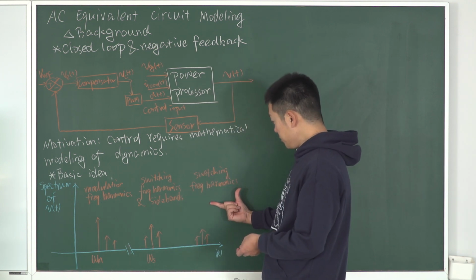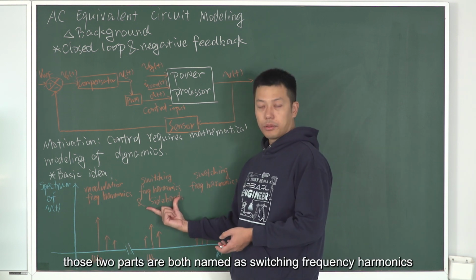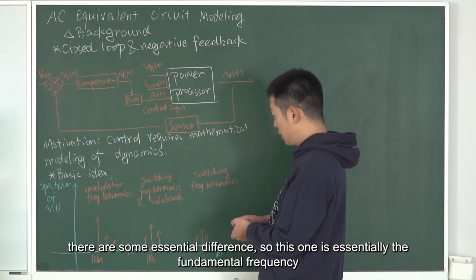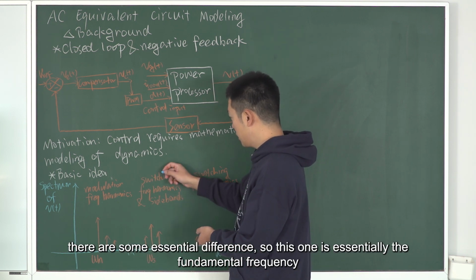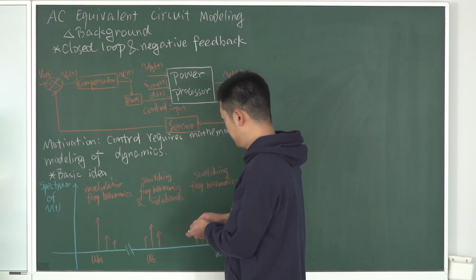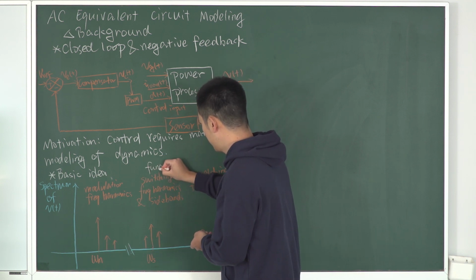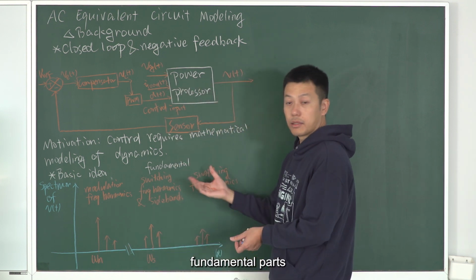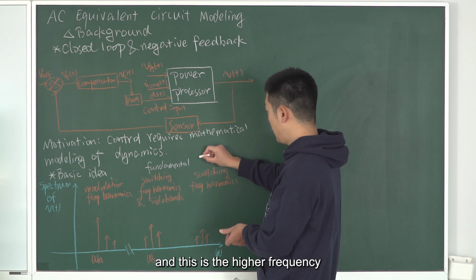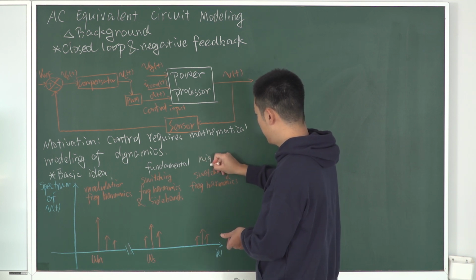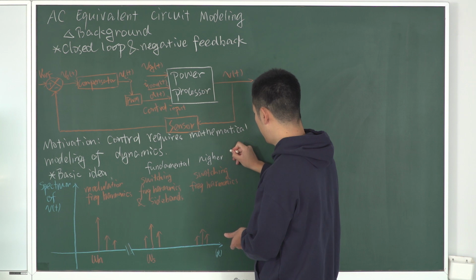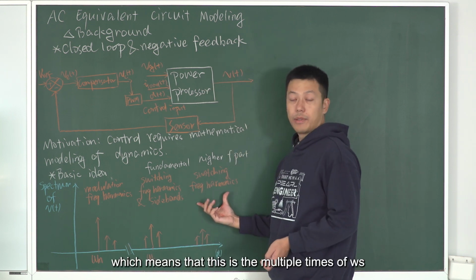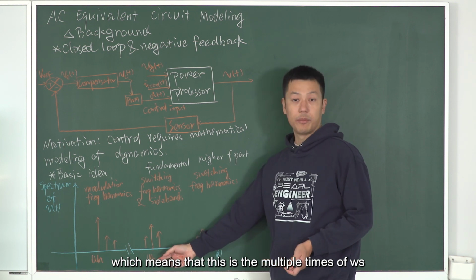Although those two parts are both named as switching frequency harmonics, there is an essential difference. This one is essentially the fundamental frequency part. This is the higher frequency, which means it is a multiple of omega s.